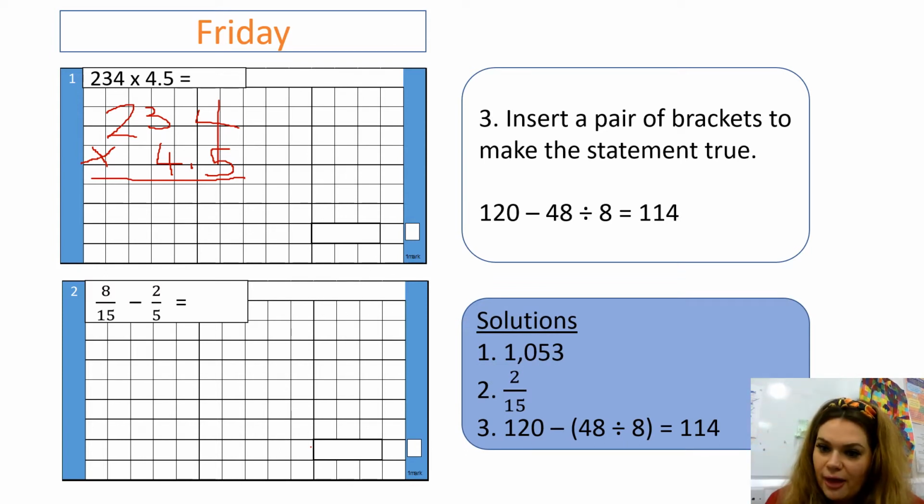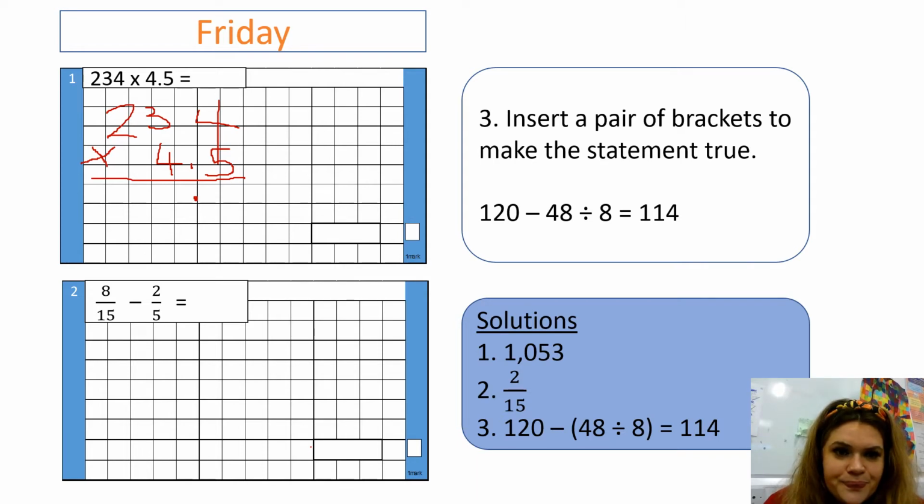Let's have a look how we got there. So I'm going to put a decimal point in when I'm multiplying by my decimal here, because as you can see in our number that we are multiplying by, we have got 1 and we've got a tenth. So I'm going to put a decimal point in to represent my tenths.